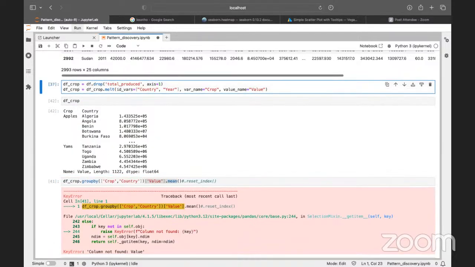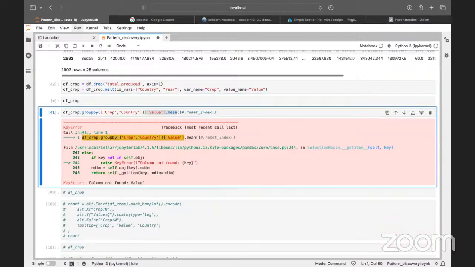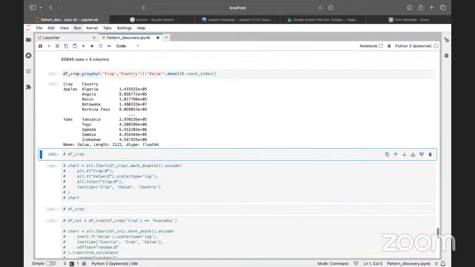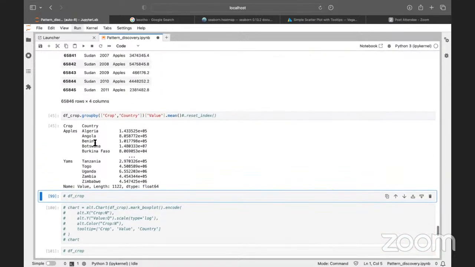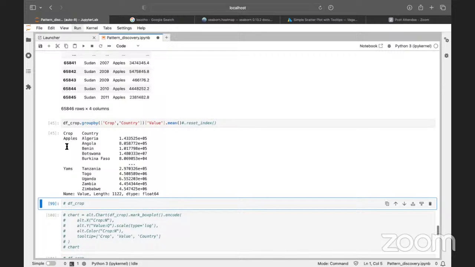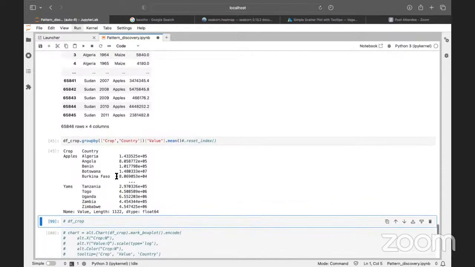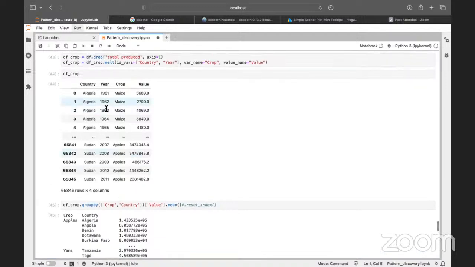So we'll run this again. And we'll run this. See, now we've grouped by crops and gone ahead to group by country. So now we're aggregating the various crops by country, which eliminates the splitting down by years that we were doing before.